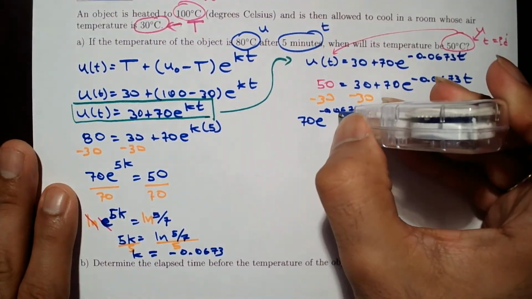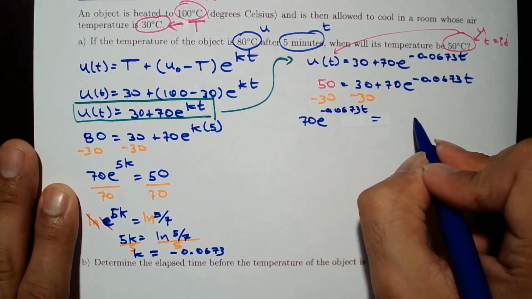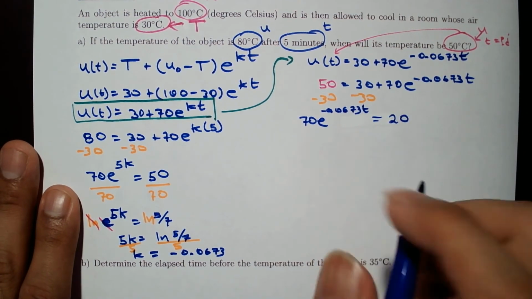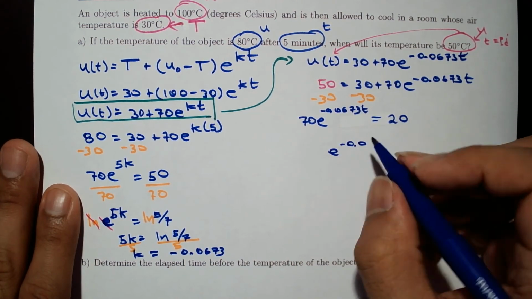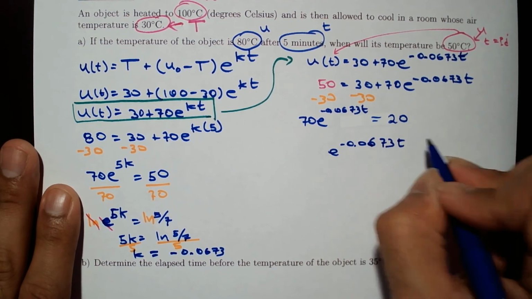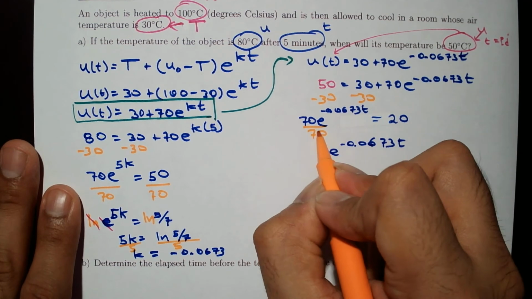Let me make this look nicer. And then we solve for the exponential term before we solve for t. And we do that by dividing both sides by 70.